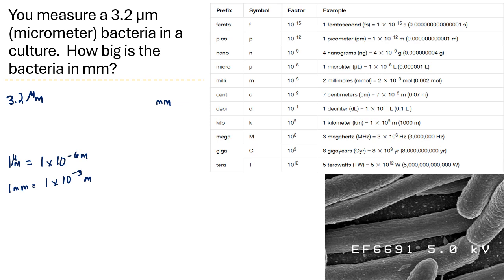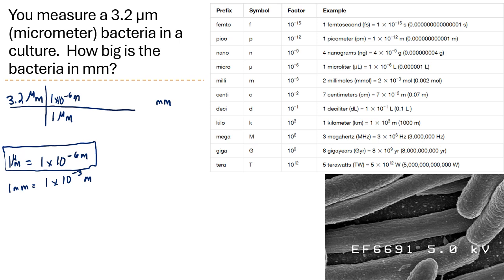The first thing I will do is try to get rid of the micrometers. Since the only relationship I have with micrometers is this one, I will try to arrange this relationship into a conversion factor that will allow me to cancel micrometers. That means I will probably want to put the micrometers on the bottom. 1 times 10 to the negative 6 meters is 1 micrometer.